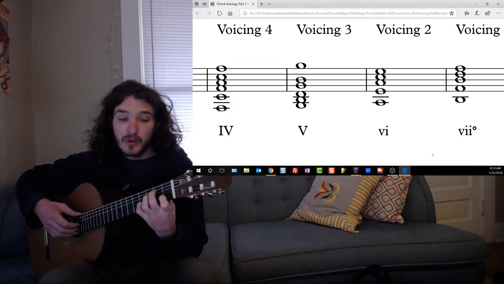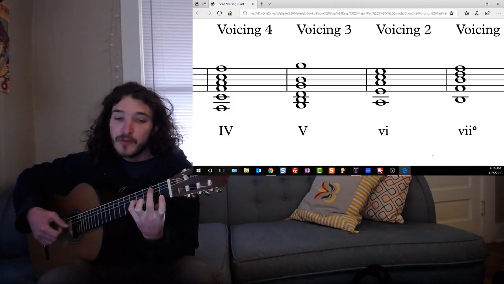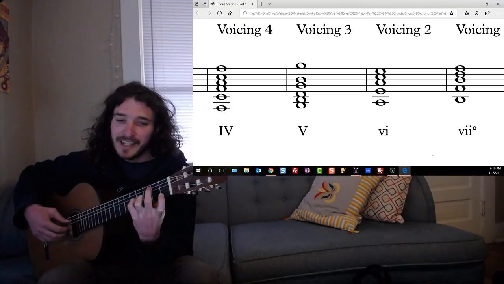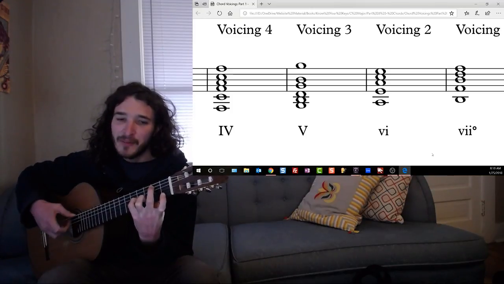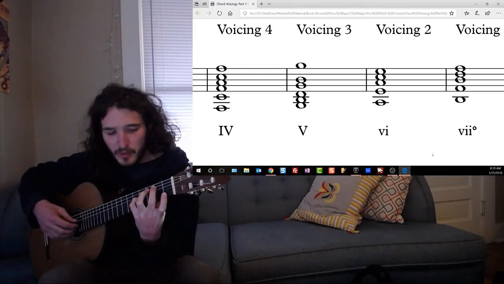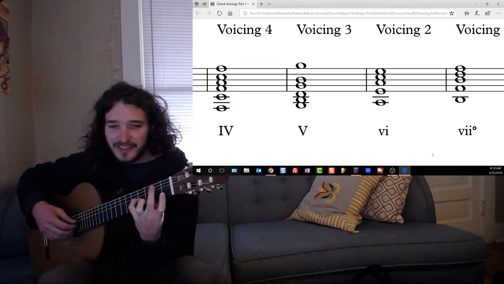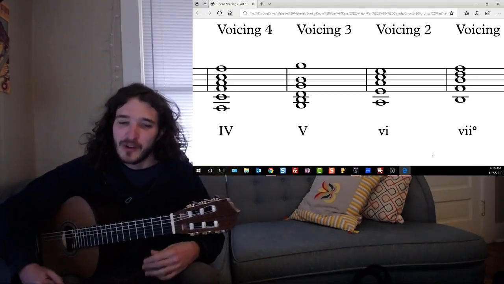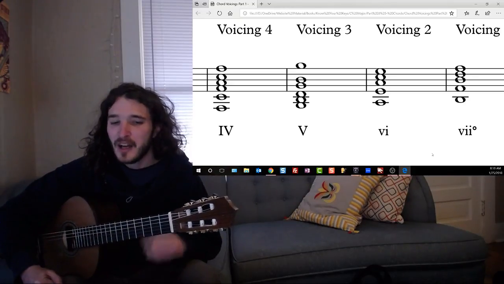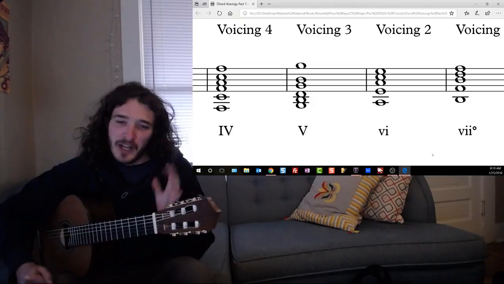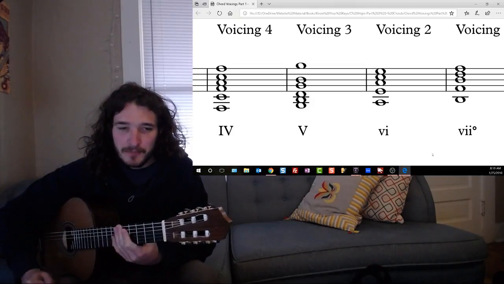And of course, our 7 chord is a B diminished chord. Now, with this voicing, there's one note that we really can't hit. So that F, I'm going to replace with an open D just to get them all ringing. But you would really need your 3rd finger here, so you don't have enough fingers to really play that chord. But we're going to talk about diminished chords tomorrow because those are kind of a special case.